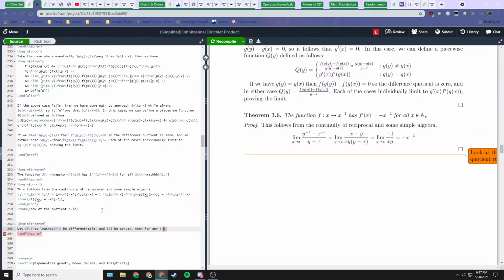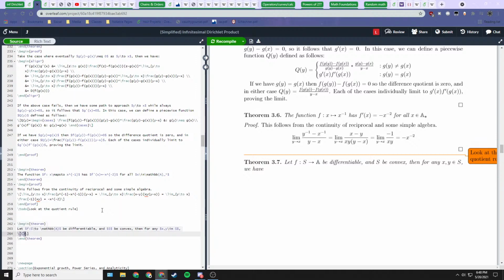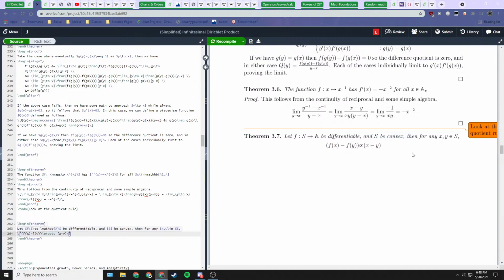Then for any x, y in S, we have f of x minus f of y is proportional to x minus y. So this essentially means that if we're differentiable in a convex set, then this difference quotient is always defined.